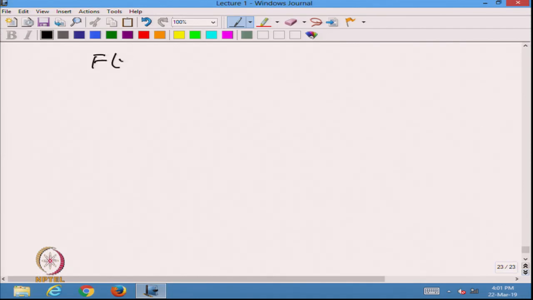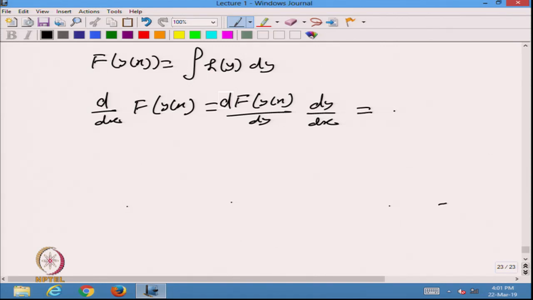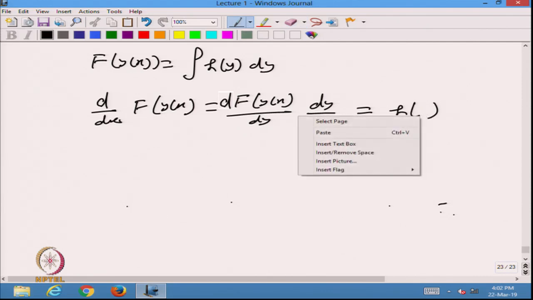This function F(y) that I have taken is the integration of the function h(y) dy, because if I choose this function as this one, then I know that if I take d by dx of F(y(x)), it will become dF by dy and then dy by dx, so I am taking the derivative with respect to x, and that becomes a function of y. Now in this case I am going to do that.